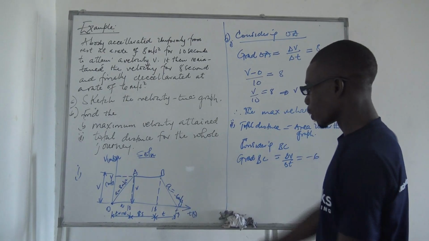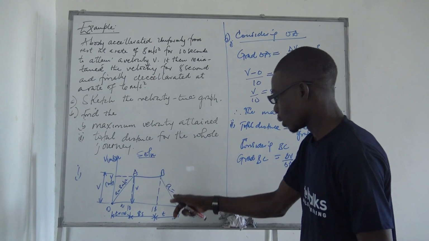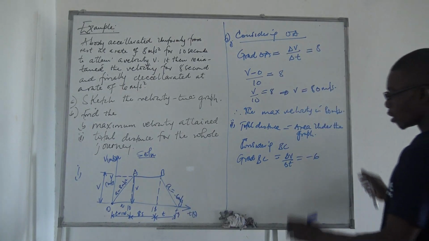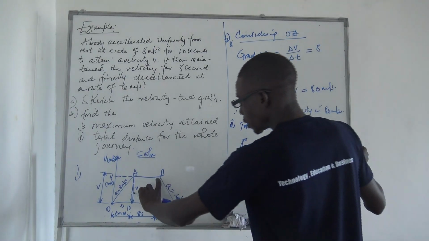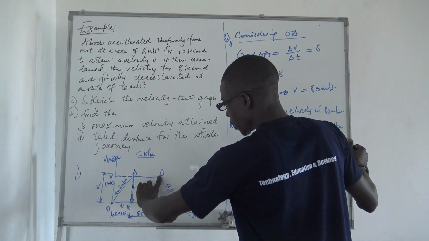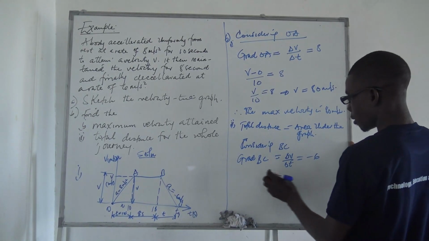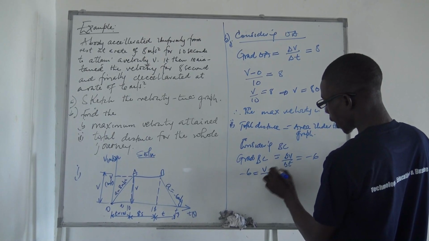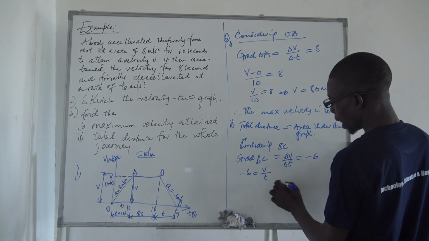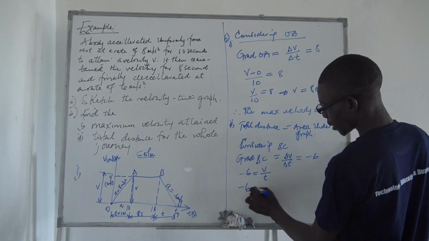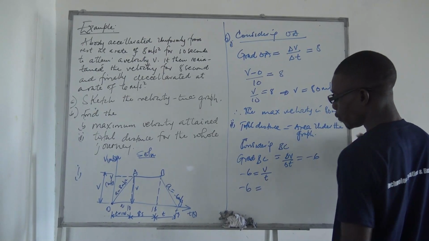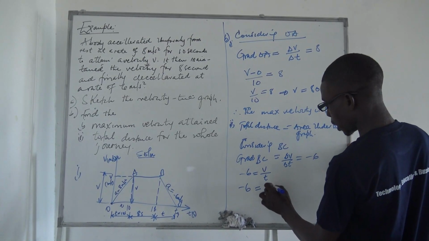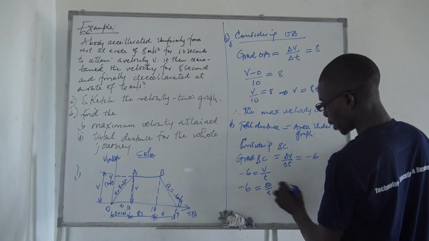The gradient is negative. Gradient of this line here, which is acceleration, is -6. So, but what is change in V? The same as this, isn't it? That is the same as -6 equaling to change in V, which is V, out of change in T, which is T. And then it implies that -6 equaling to V, V is 80 out of T.